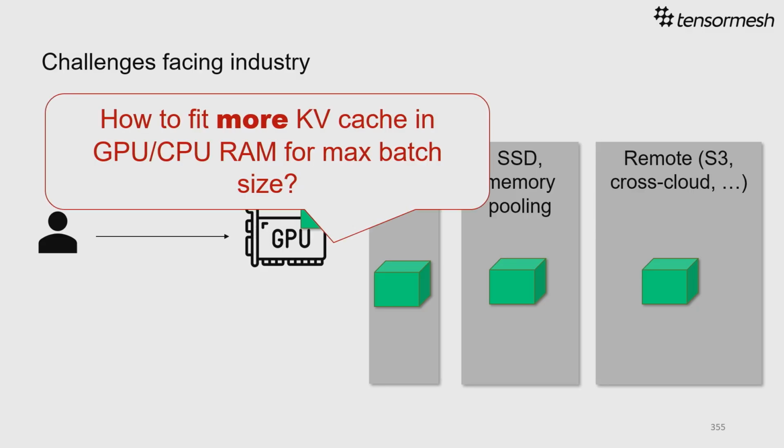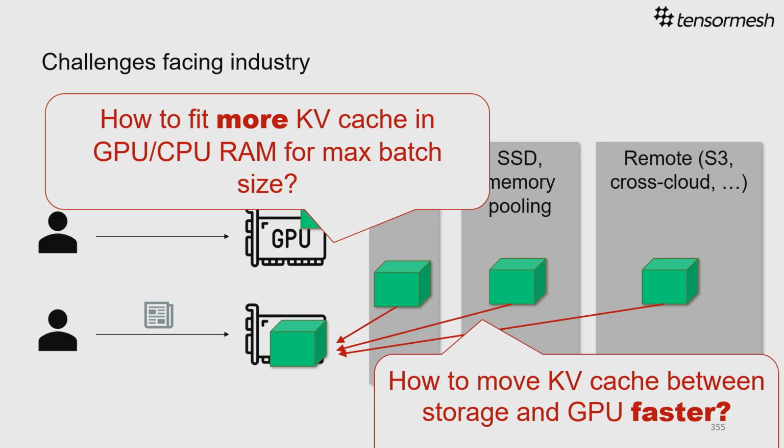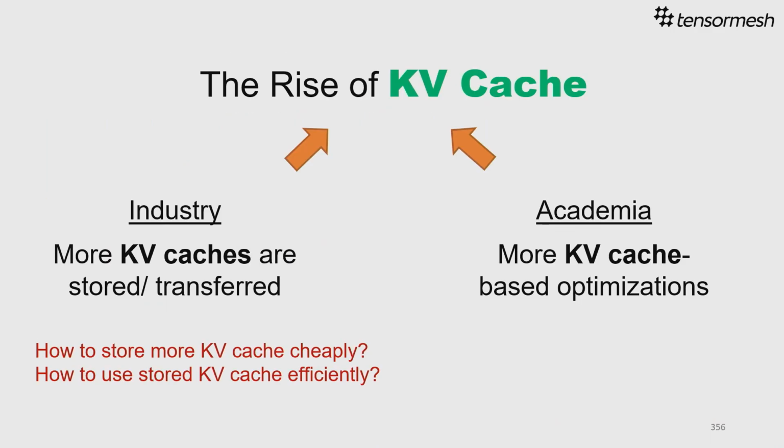Of course, you don't want to buy too much CPU memory or SSD either, because these things are having higher and higher prices these days. So how to fit more KV cache, and at the same time, how to move these KV cache back into GPU memory, because in order to reuse them, you have to move them back to GPU memory. Okay, so that's the big challenge facing industry.